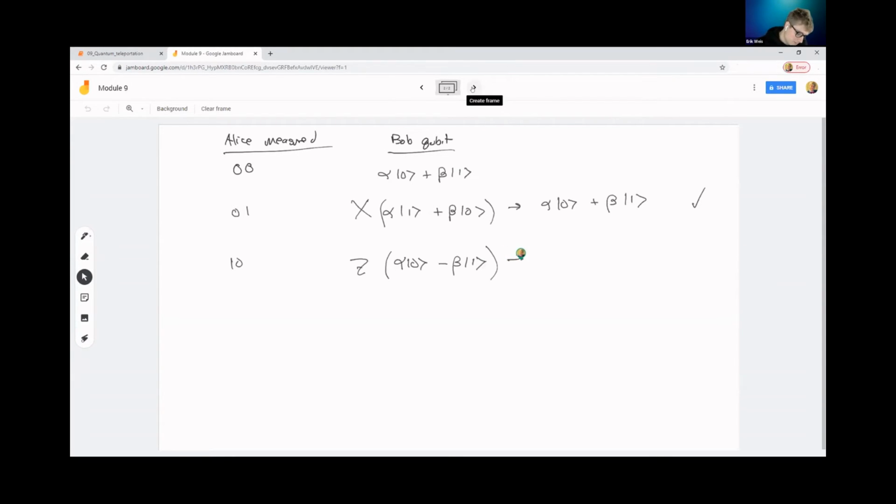And what the Z gate does, this is the Z gate, on a generic state alpha and beta, is we're going to apply the first inner product, and we're going to apply the second inner product. What you end up with is alpha and negative beta.